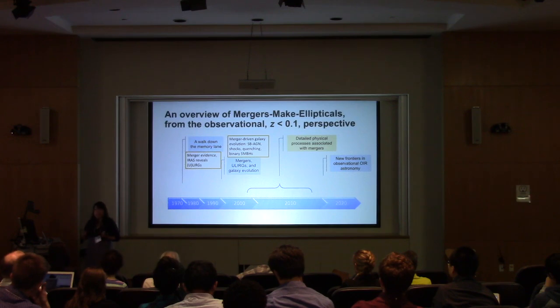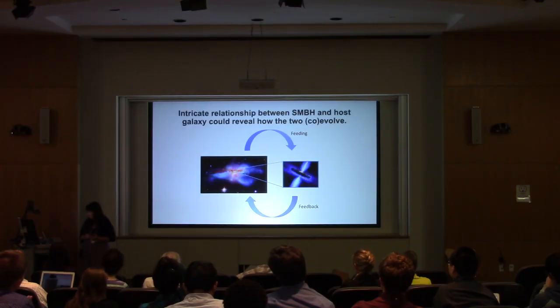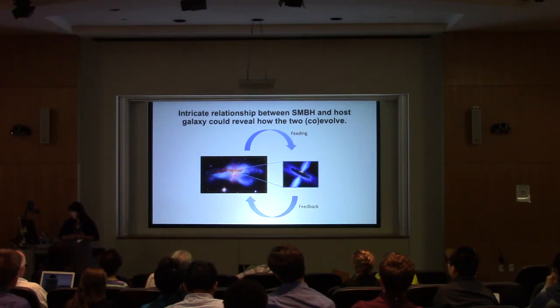So now I want to highlight a couple of the key questions that I've been working on mostly. It's apparent that we should consider both AGN and the stellar components in how they evolve as the galaxy system sequence progresses.